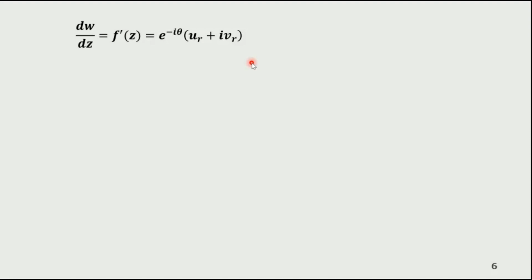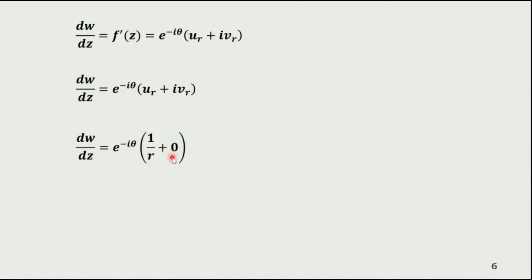Now substituting for u r, we got u r is equal to 1 by r in the previous step. The partial derivative of u with respect to r is 1 by r and of v with respect to r is 0. So we get e raised to minus i theta into 1 by r.